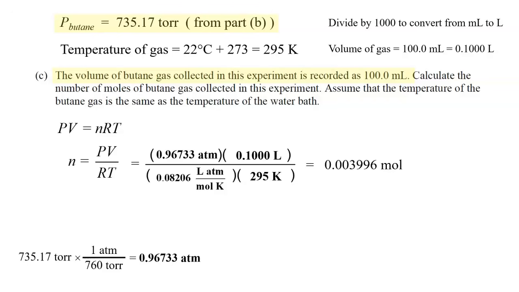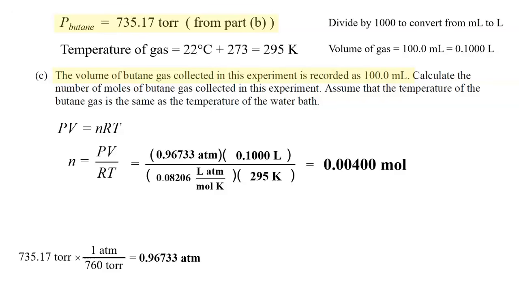This is what I got on my calculator before I rounded off my answer, 0.003996 moles of butane gas. Based on the least number of significant figures, which would be 3, I'm going to round this off to 0.00400. So that is my answer for the number of moles of butane gas, and I used the ideal gas law to do that calculation.